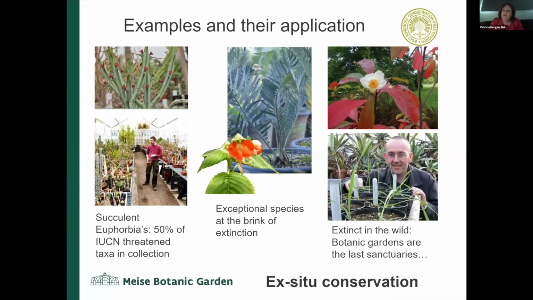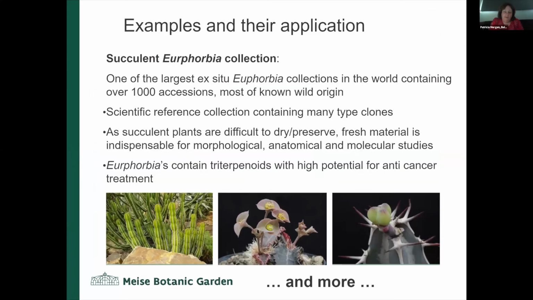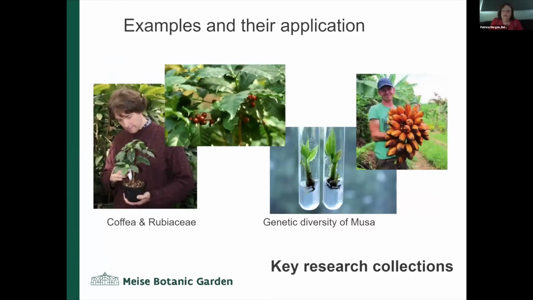Sometimes, like for the euphorbia, it's quite difficult to keep them as preserved collections in herbaria, but they are very important plants, for example for health research, for anti-cancer, and it's really needed for studies, research, and also for identifications, to have access to the living plants. Then in terms of food and agriculture, they are also very important.